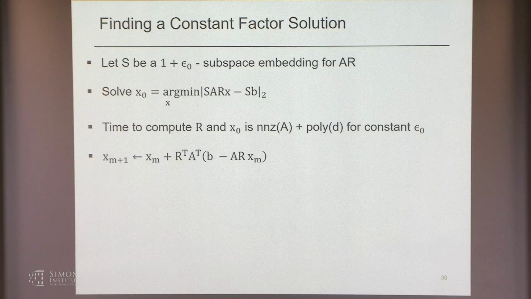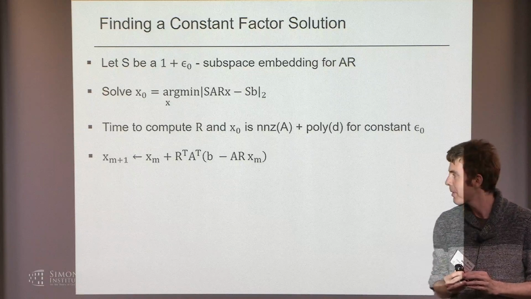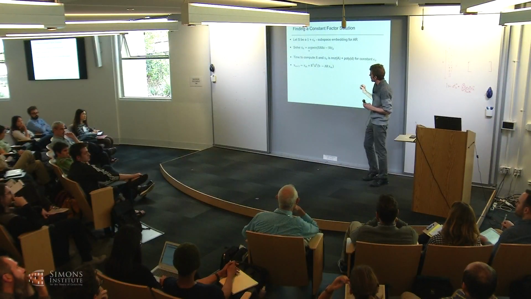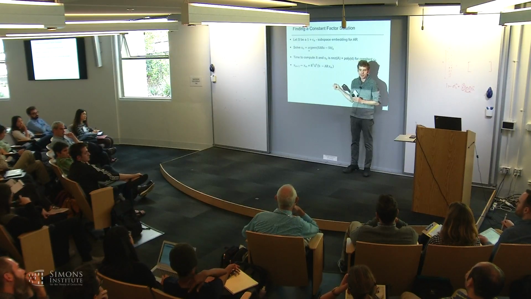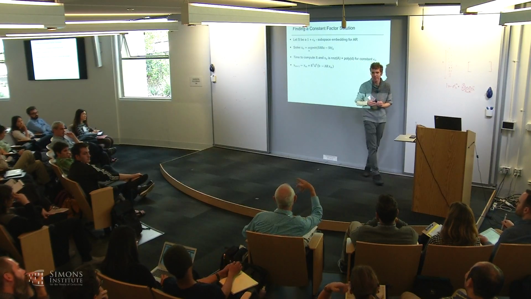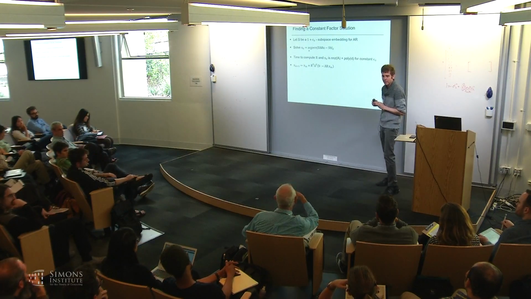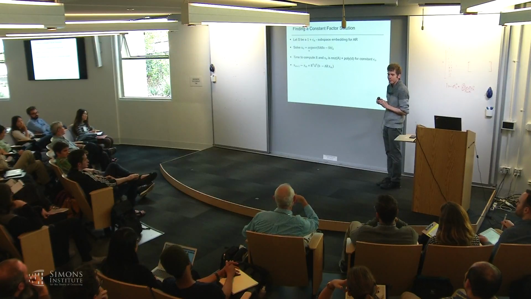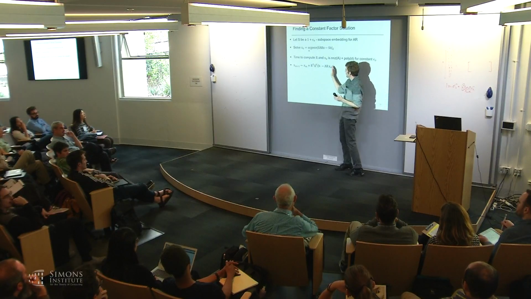Each step is the same amount of work as a conjugate gradient method, the products with A and A transpose. The nice thing here is that the running time depends on the condition number, but we've made the condition number small. So let's look at the time complexity.